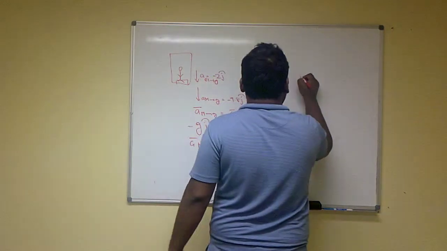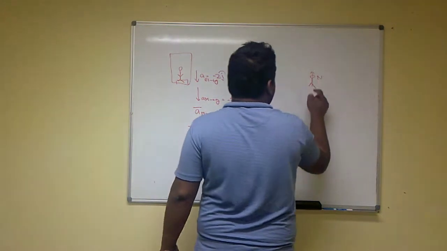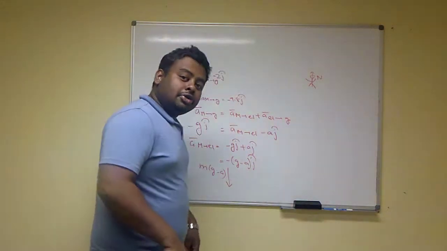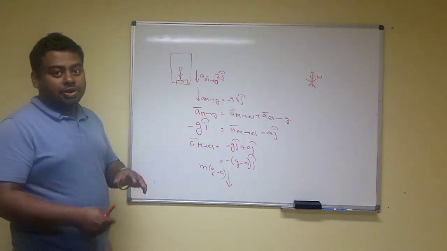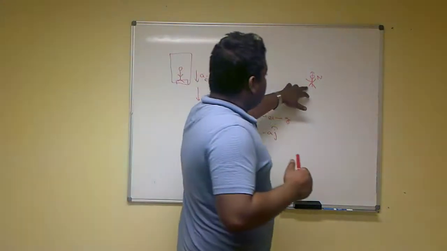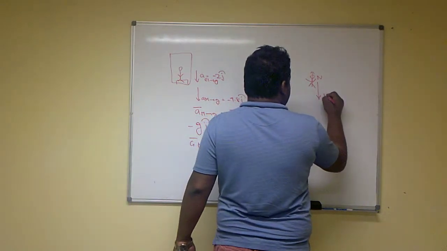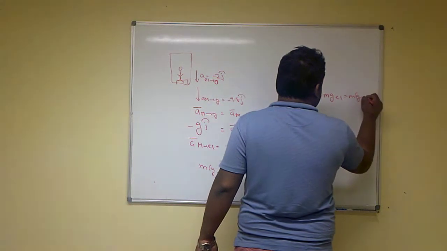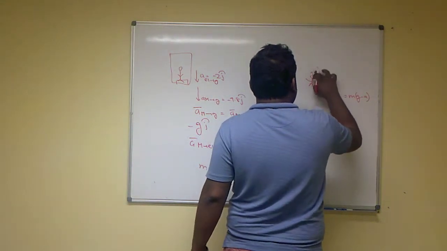Okay. So if I draw the forces on this particular man, we have the normal force, which is when the feet touch your elevator or the weighing machine kept on the elevator, assuming that the weighing machine and the elevator do not have a relative acceleration with respect to one another. We have a normal force there, and the mg with respect to elevator, which is m times (g minus a) in the downward direction; N is in the upward direction.